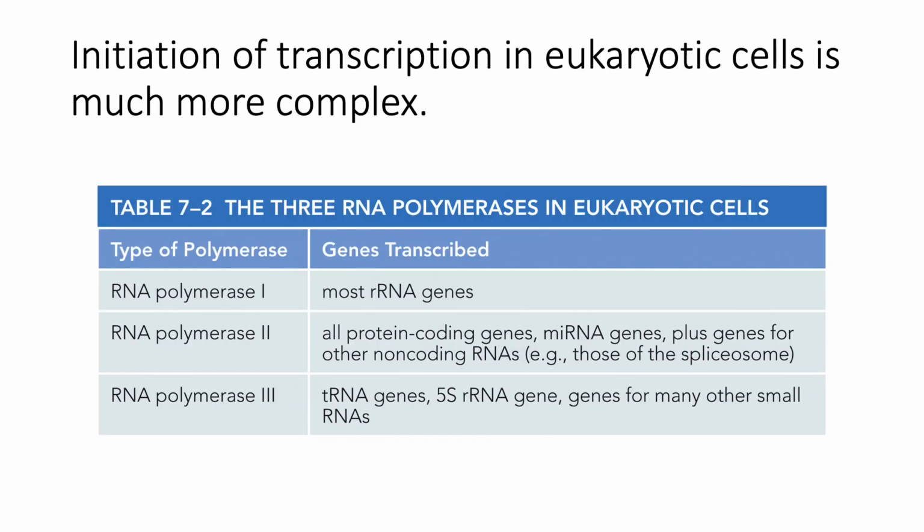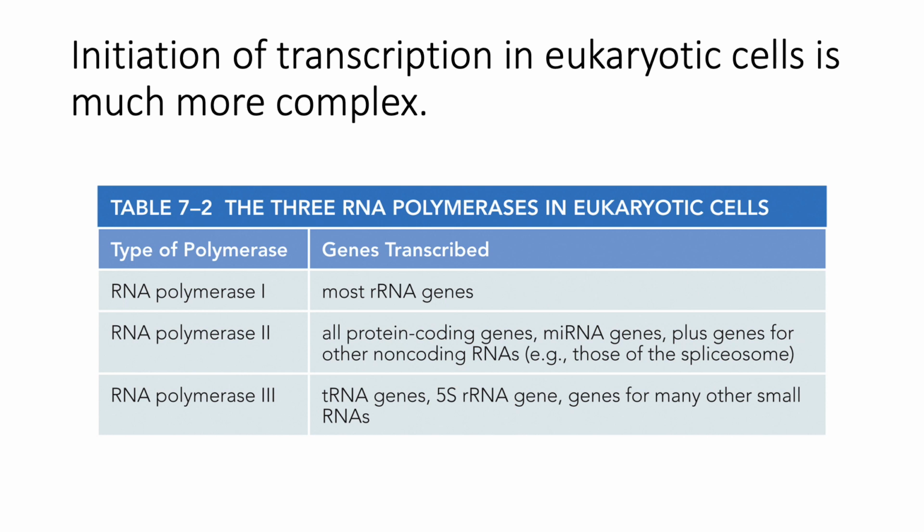So initiation of transcription in eukaryotic cells is, like I said, much more complex. There are 3 different polymerases. There's what's called polymerase 1, which transcribes most of the ribosomal RNA genes, so the promoters for these are different than what we're going to be talking about.